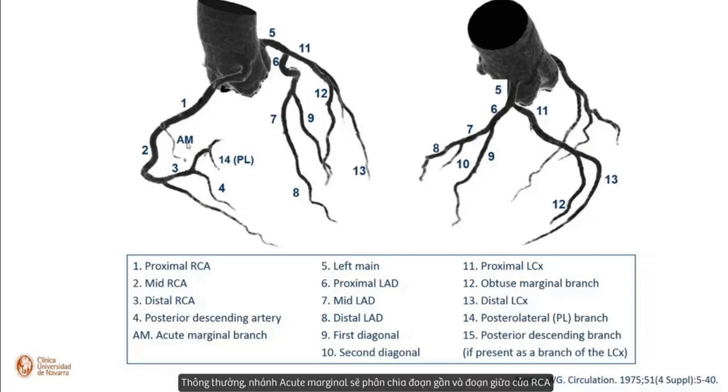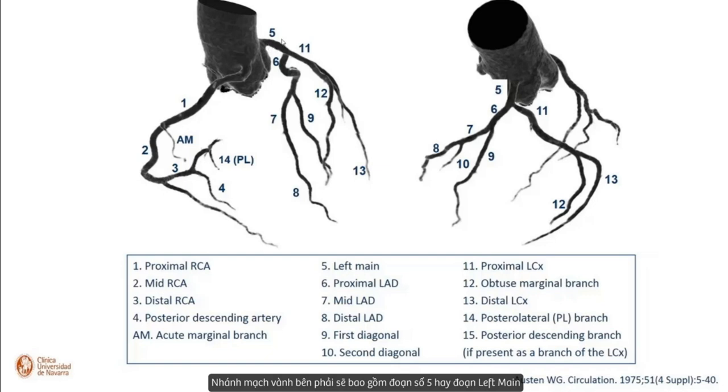Generally, the acute marginal branch is what will divide the proximal and the mid segments, whereas this angle is when the mid segment will turn into the distal segment of the RCA.